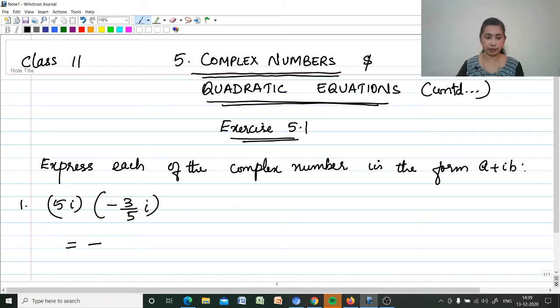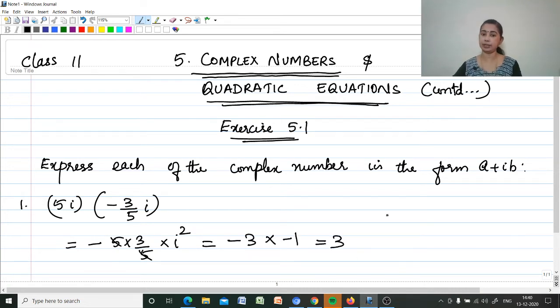So here one minus sign, then 5 into 3 by 5, then i into i. i into i is i square. Then this 5 gets cancelled, remaining we are getting minus 3 into i square, which is minus 1. So the answer is 3. But we have to write it in the complex number form, so this is equal to 3 plus i0.